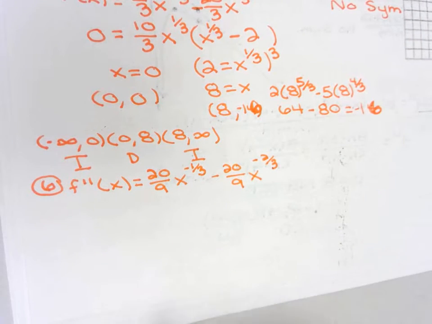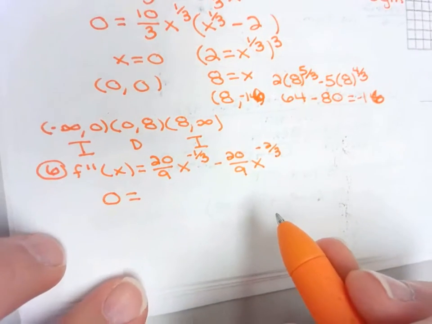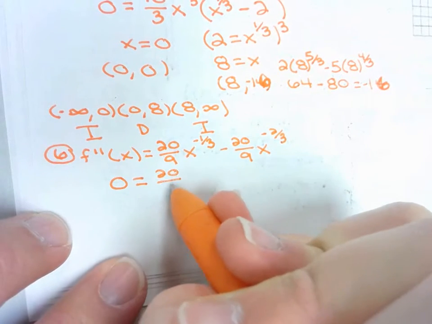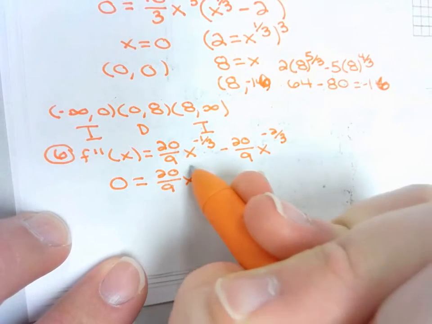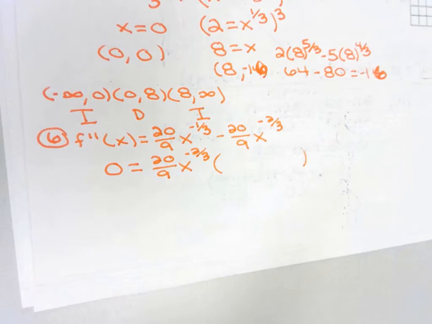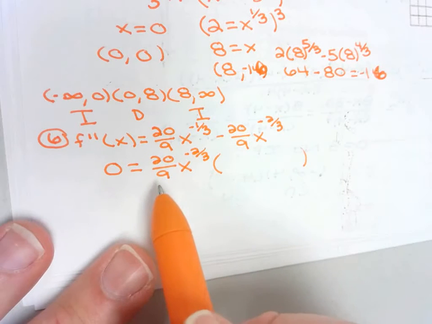Good. Set it equal to 0. Let's factor this. What can I factor out of both of them? Negative 2/3, lowest exponent. So 20/9, x to the negative 2/3, lowest exponent. Now let's see what I have left. I took out the 20/9.